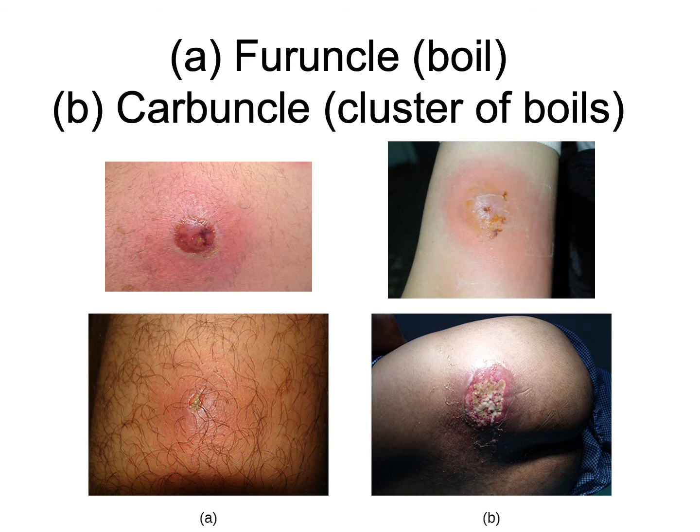Oftentimes when we have lesions like this, we will measure the infected area and see if it's extending into other tissues or spreading. Also, we need to be concerned here about whether it's becoming systemic. If it is able to access the bloodstream, a furuncle or a carbuncle can cause things like sepsis.